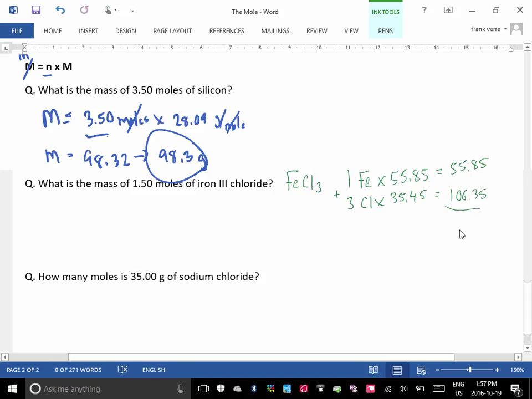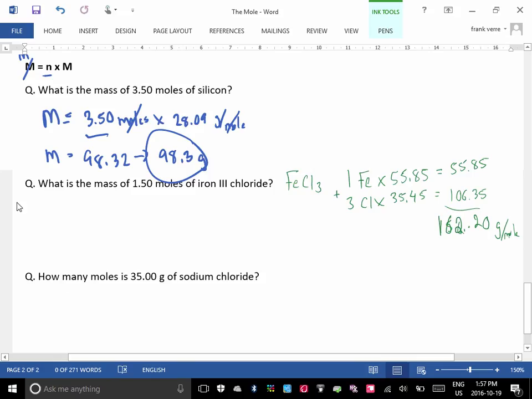So if we add that up, what do we get? 162? Yeah, it should be 162.20. Okay, so 162.20 grams per mole.